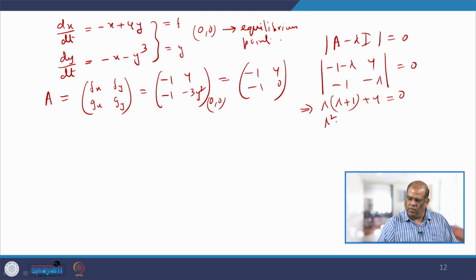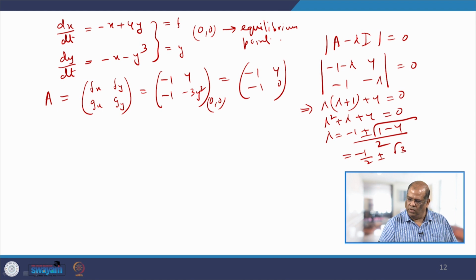So, lambda square plus lambda plus 4 equal to 0. So, lambda is minus 1 plus or minus root of 1 minus 4ac, divided by 2a. So, minus 1 by 2 plus or minus root 3 i by 2. So, I have a complex root with a negative real part, and hence it is going to be a stable focus.